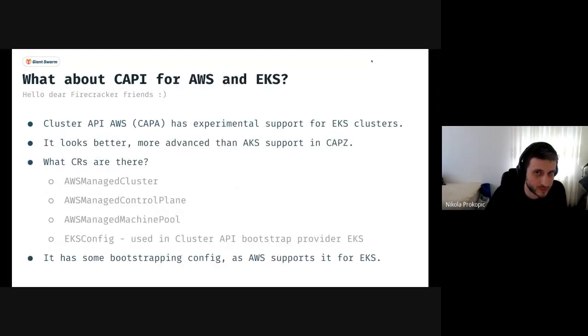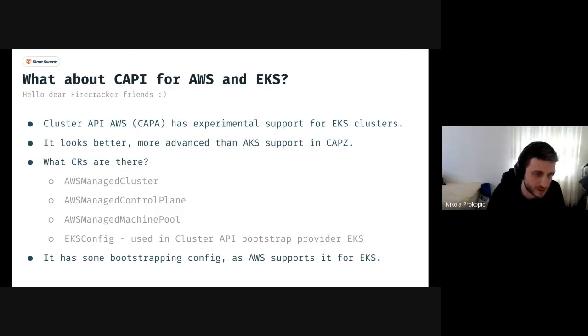And to just say something about AWS and CAPA support for EKS, I took a quick look. There is experimental support in CAPA, Cluster API AWS. Just by looking at the code and at the docs, it looks better. It looks more advanced than what CAPZ is doing for AKS.